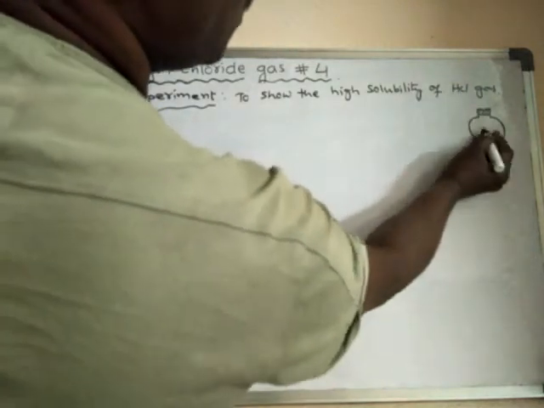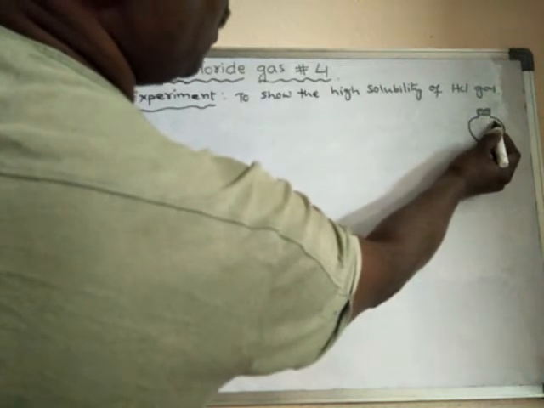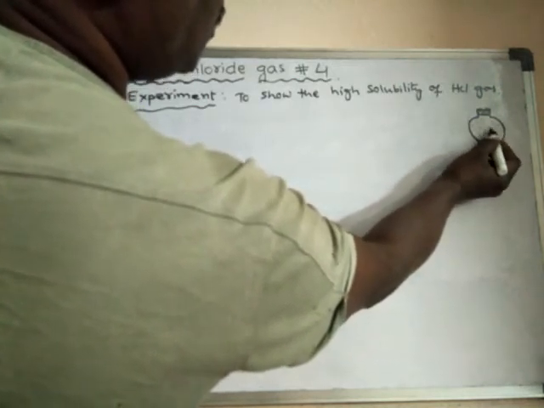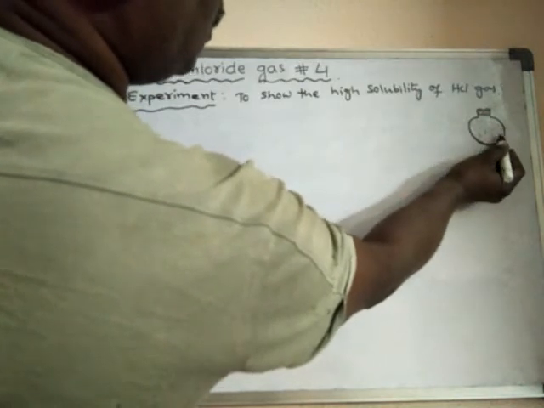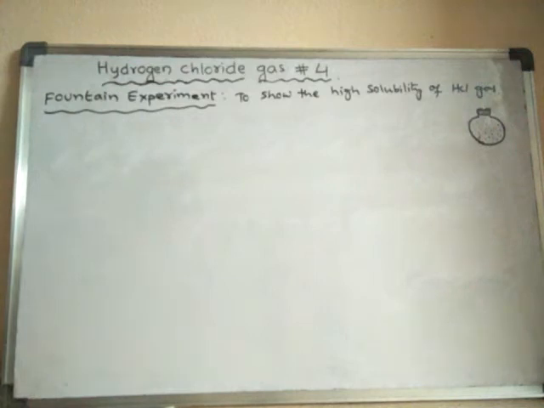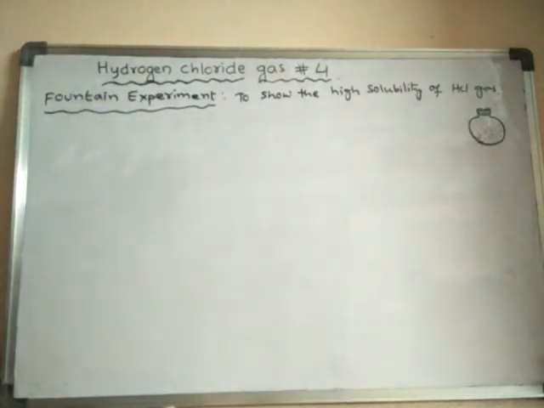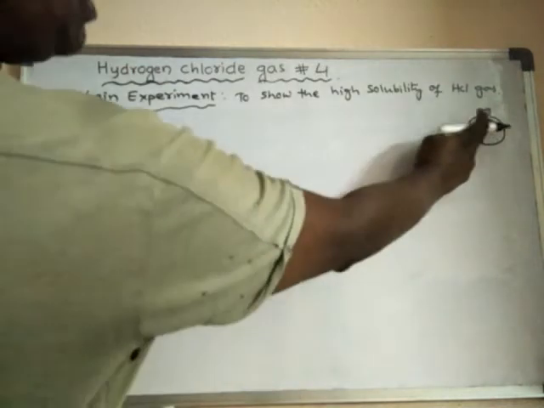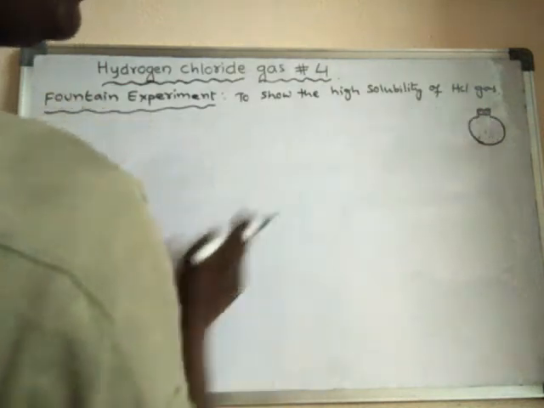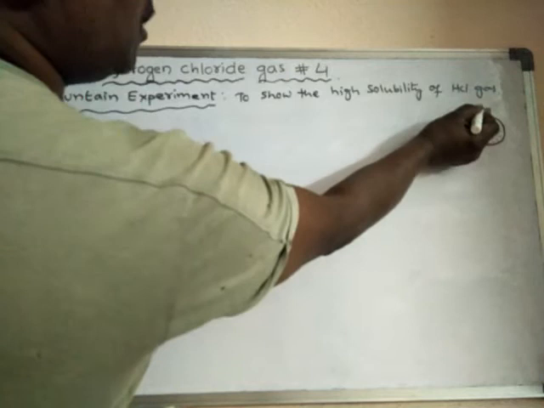Before fitting this, the round bottom flask is filled with dry HCl gas. HCl gas is invisible, so just in order to show you that this is filled with dry HCl gas, I am putting some dots there.